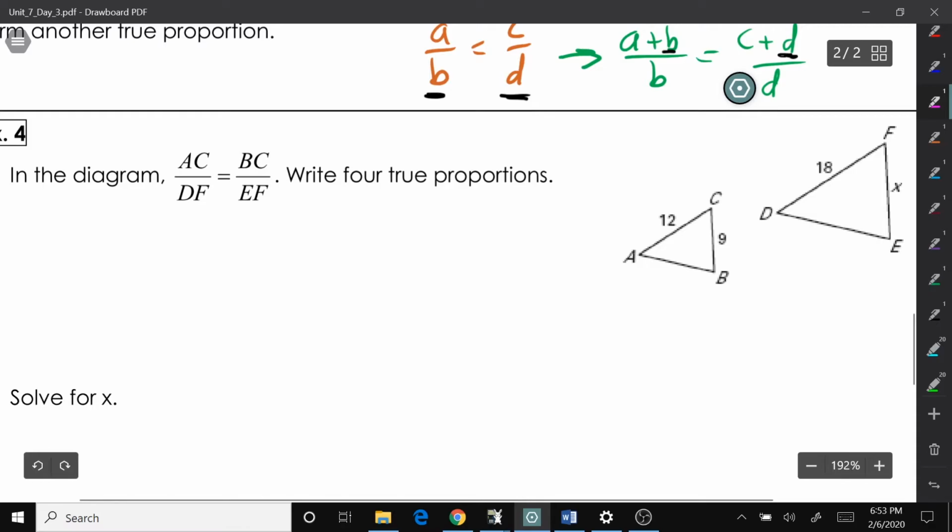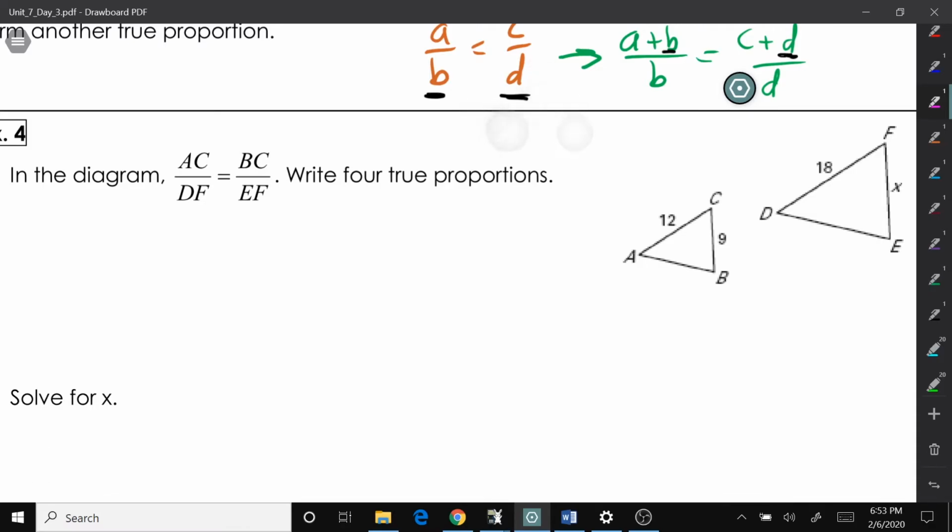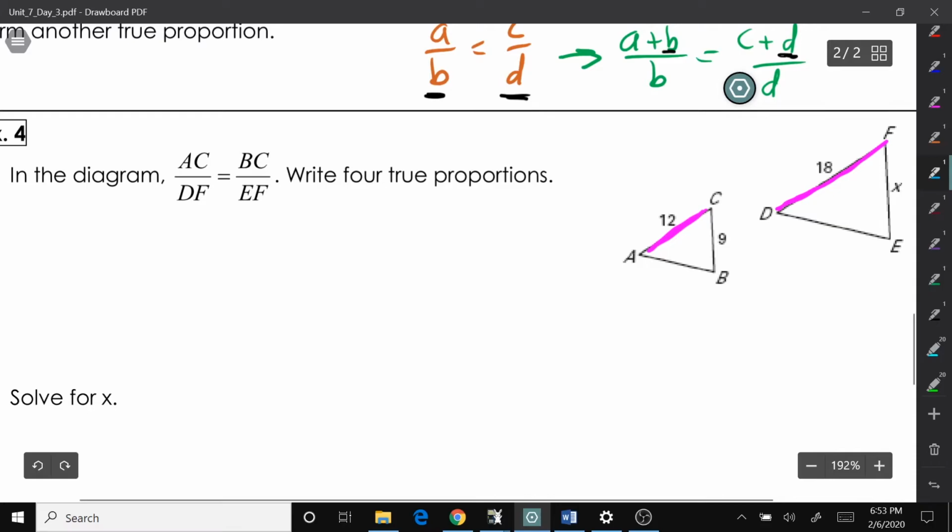It says that AC divided by DF is equal to BC divided by EF.